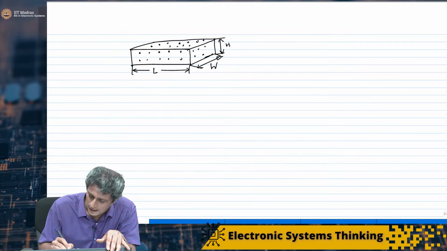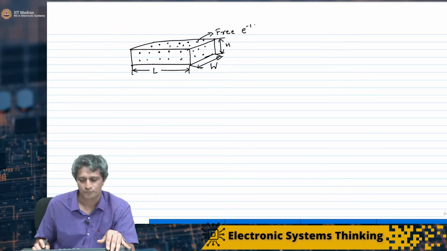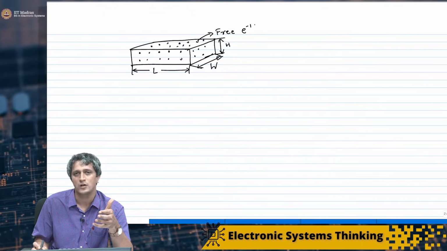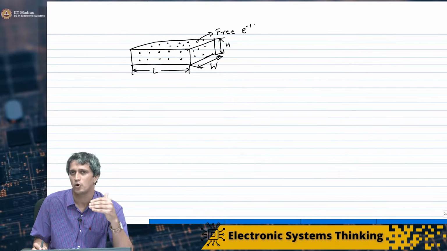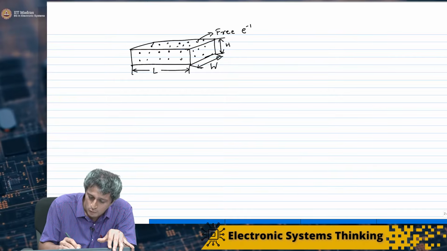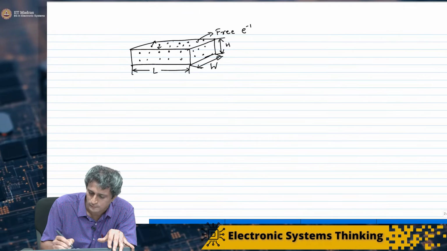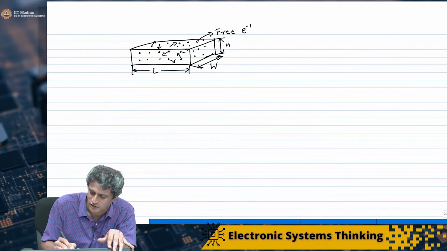Just by virtue of being at a non-zero temperature, these free electrons have some energy and move about randomly in different directions.